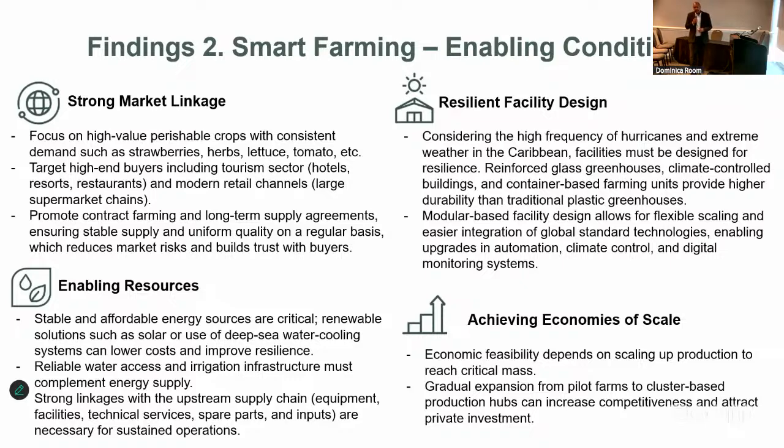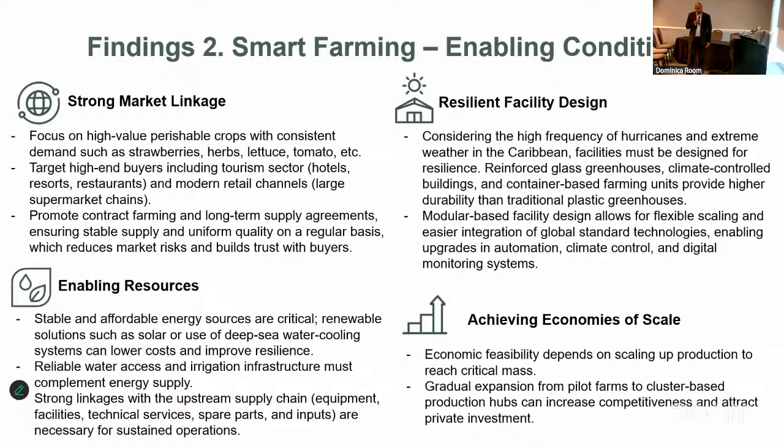One area is that you need good market linkage, because you will be focusing on more high value niche crops, like strawberries, lettuce, tomatoes, and peppers. Once you produce them, you want to ensure you have a market, because your production will increase and you don't want spoilage or wastage. So you need a clear market linkage to take off the supply that's going to come.